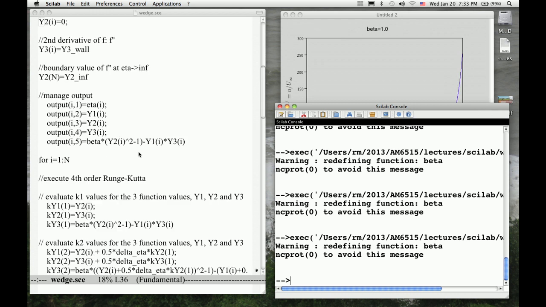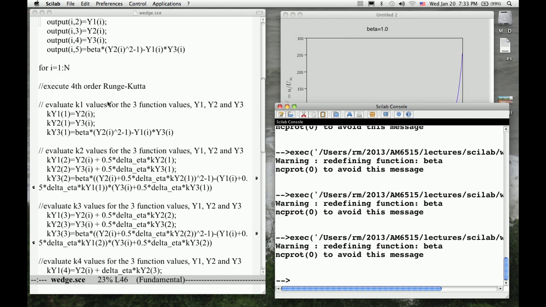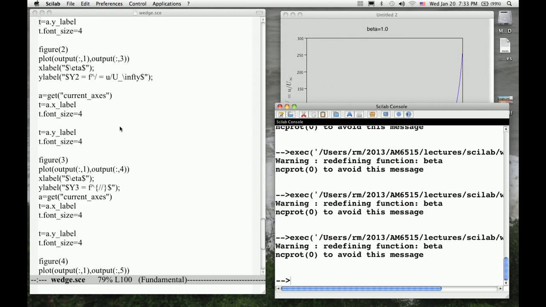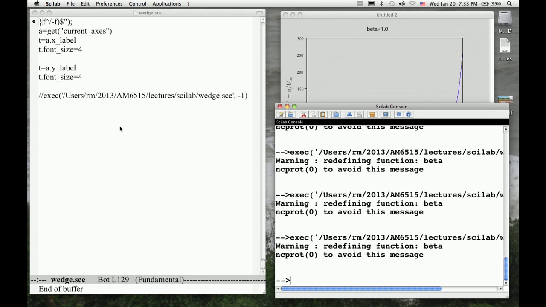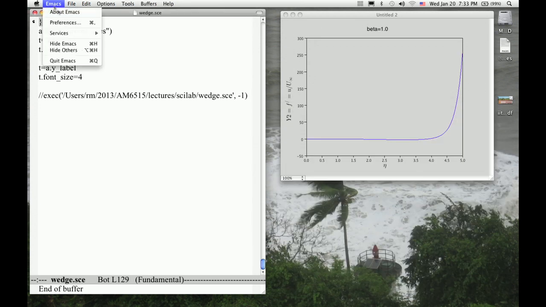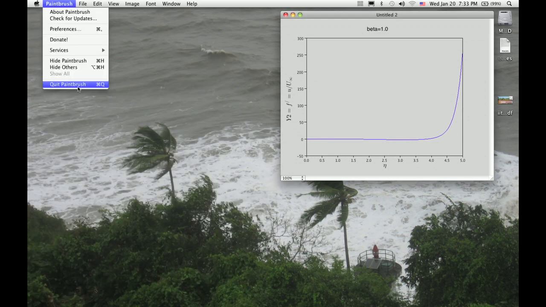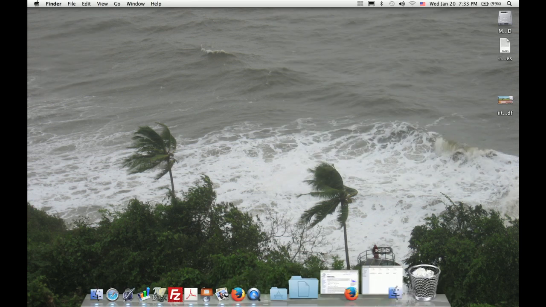This is the code, and this is again the fourth-order Runge-Kutta, as I've explained to you before. This is exactly the same as what we've been doing earlier. I will of course post this, and you should be able to get a copy of this code, and on your own you could also look at the internet and get that.